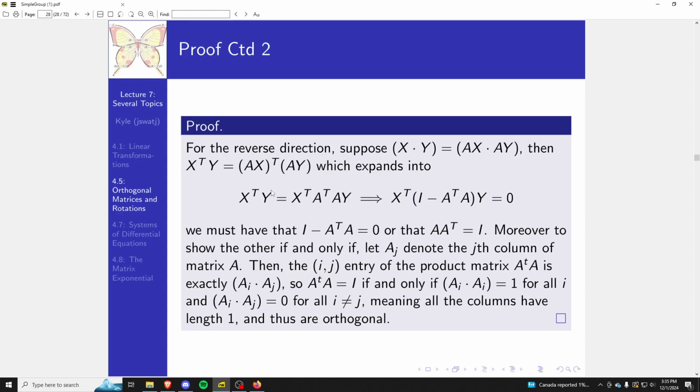And so we bring it over to the left-hand side, and we'll pull out x to the t here. And so this product of x to the t, this expression here, and y is 0. So we must have that this in the middle here is 0 because it has to work for any two column vectors. And the only way that this can be 0 is if A times its transpose is exactly the identity.